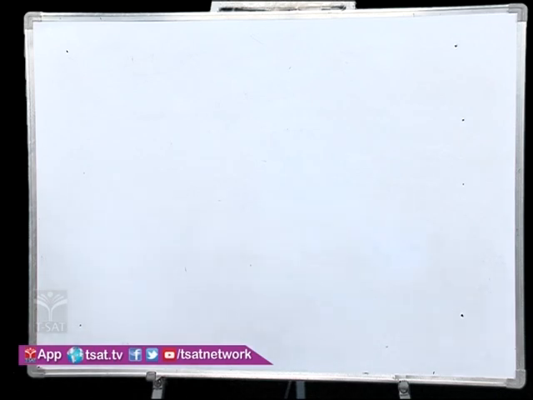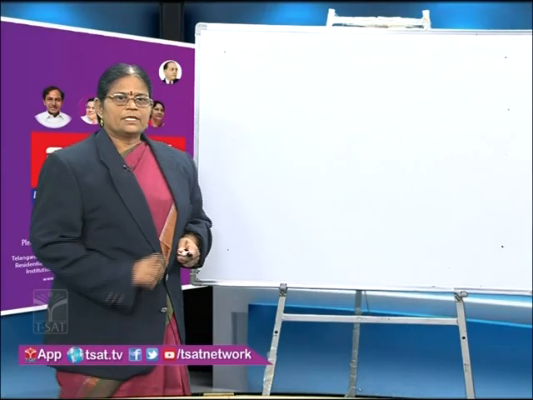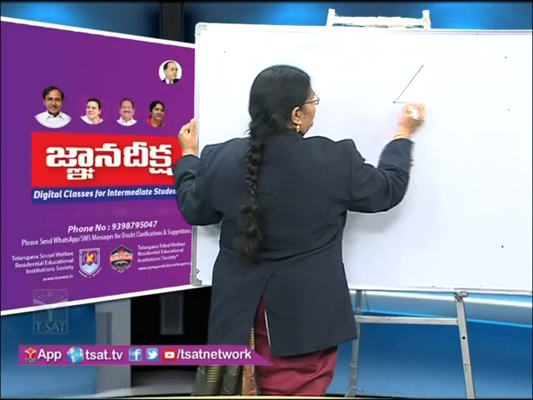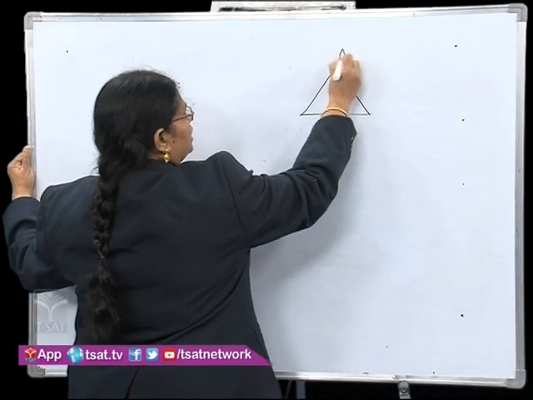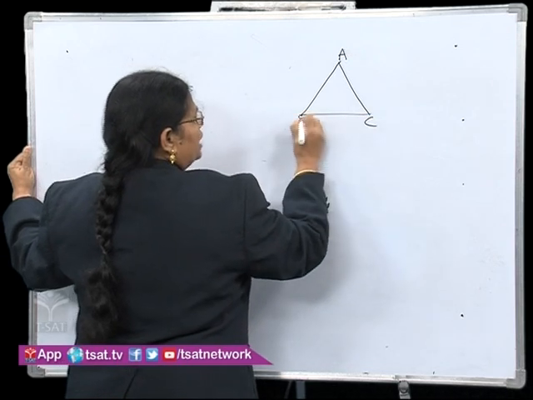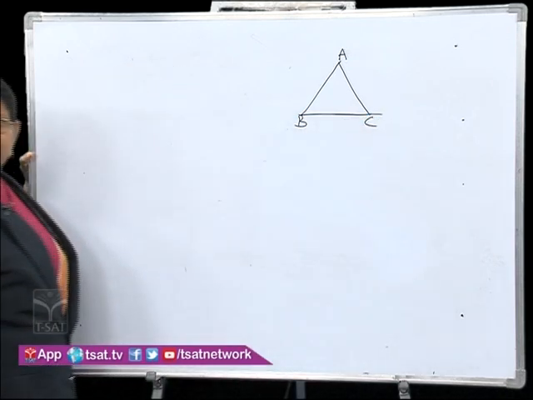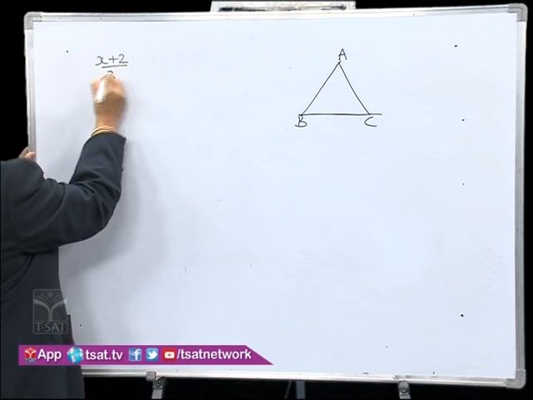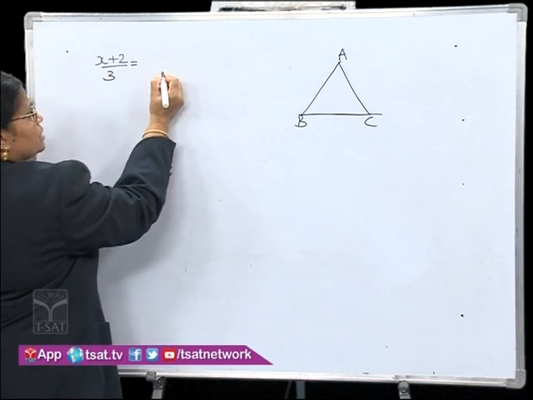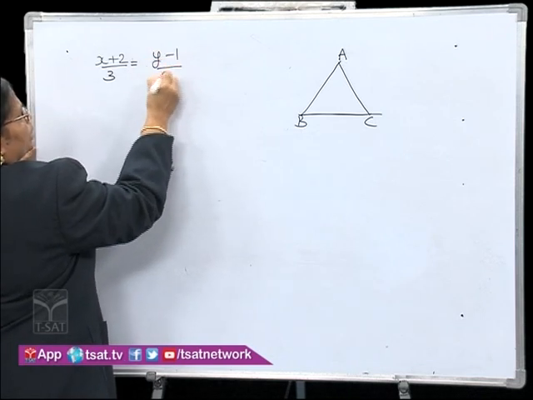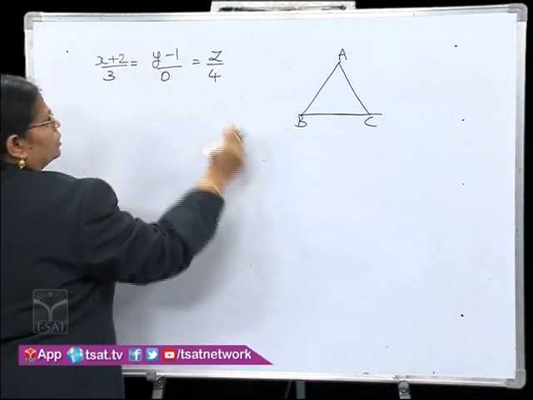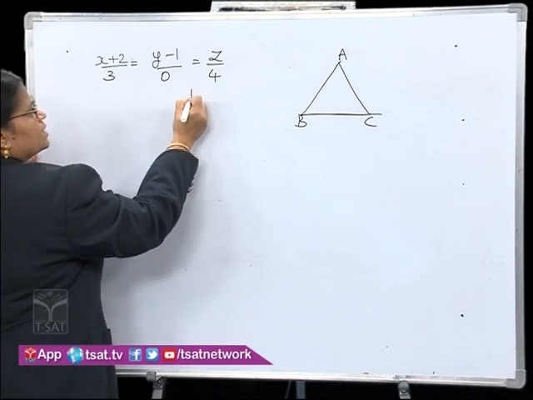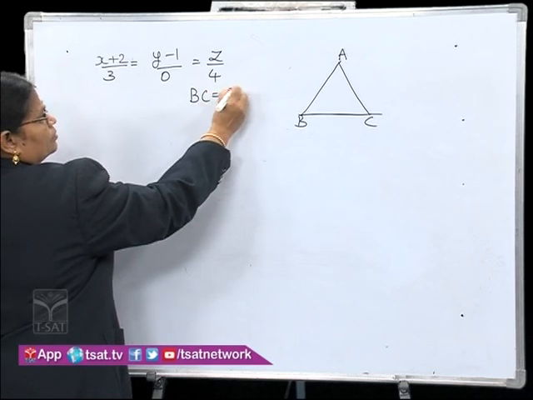The second problem: two vertices B and C of a triangle ABC are lying on the line (x plus 2) by 3 equals (y minus 1) by 0 equals z by 4, such that BC equals 5 units.